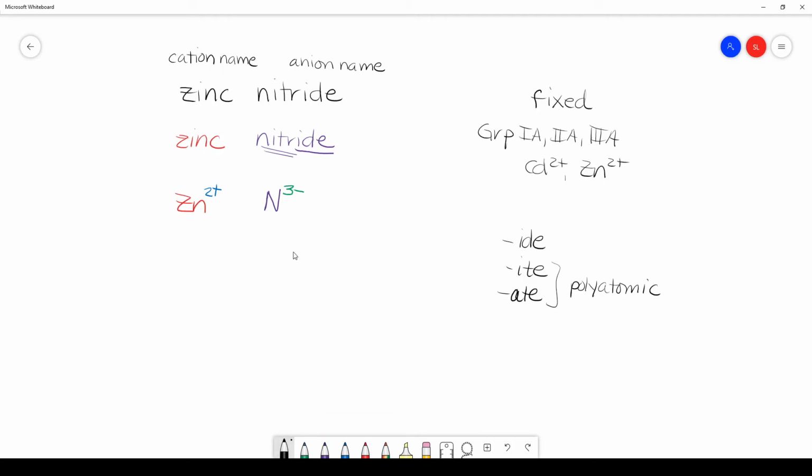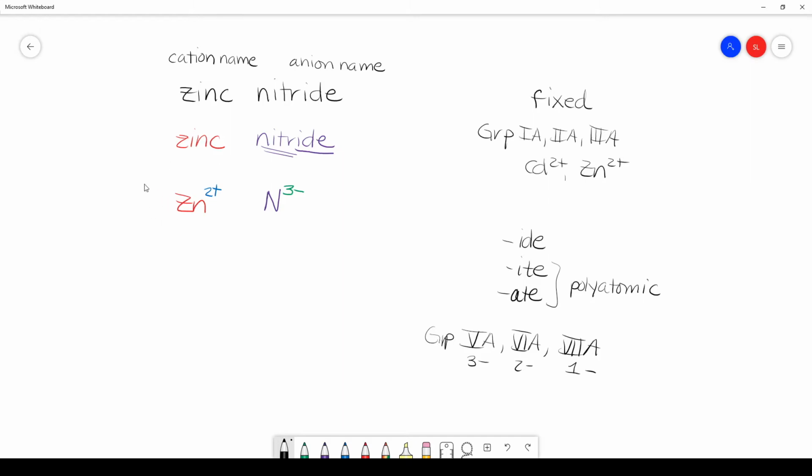So this corresponds with anions in group 5A, 6A, and 7A having charges of 3 minus, 2 minus, or 1 minus. So again, the group numbers and the charges of the ions when those elements are ions, those are things that you just need to know that you can get from the periodic table.